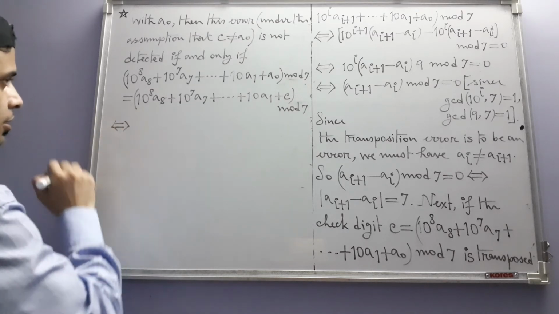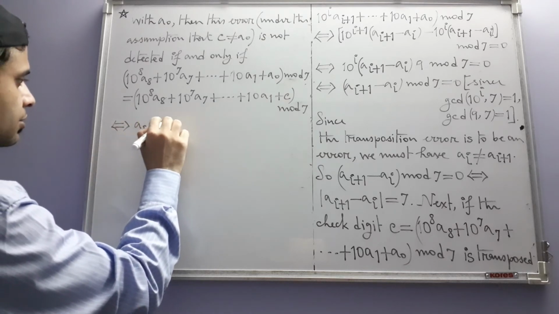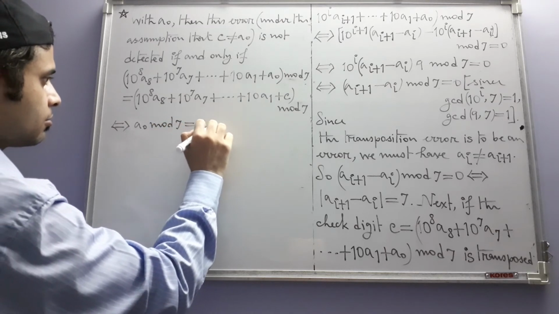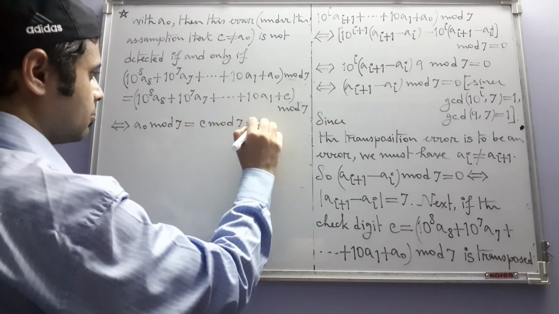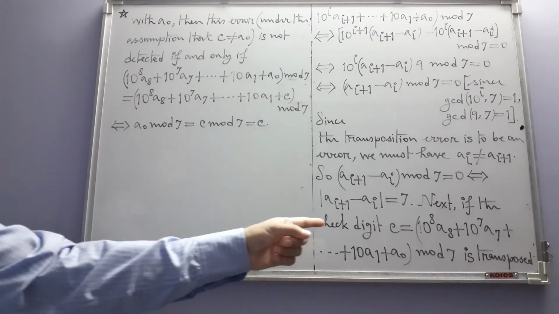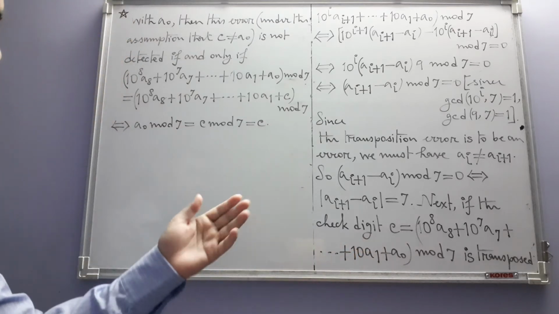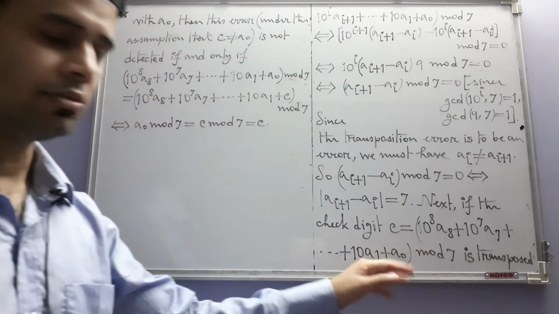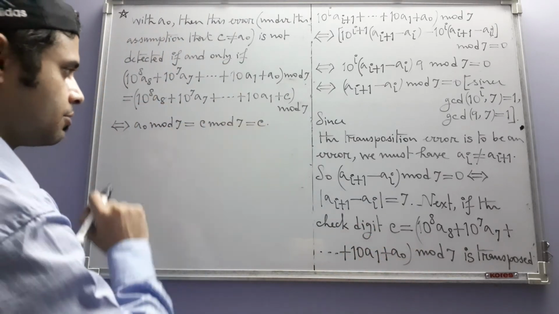If and only if A0 mod 7 is equal to C mod 7, which is equal to C, because C is the check digit and modulo 7 means it will be less than 7. It's the remainder that this number leaves when we divide it by 7. So by definition it's less than 7, so C mod 7 is equal to C.